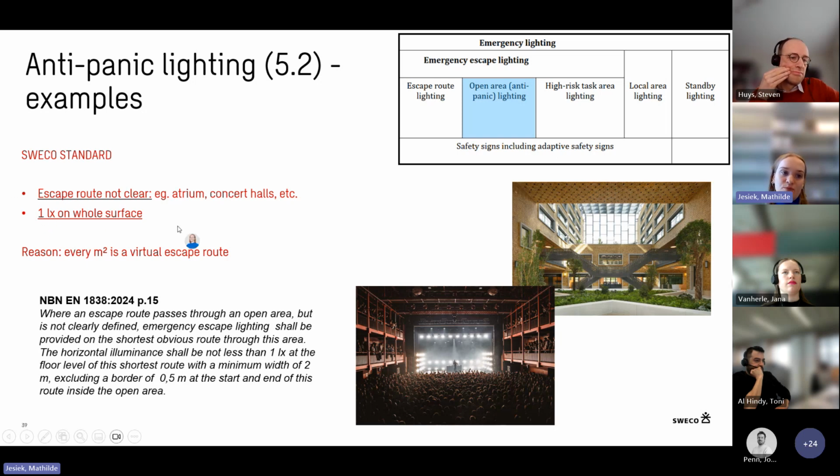In that way, we cover both anti-panic lighting and all escape route lighting, because every square meter is actually a virtual escape route lighting. So if the escape route is not clear, we apply 1 lux everywhere.